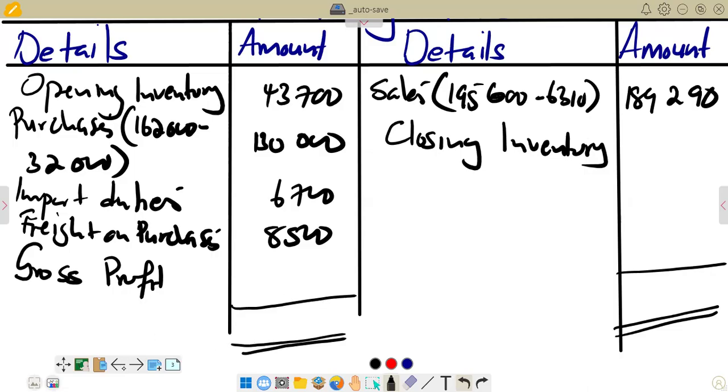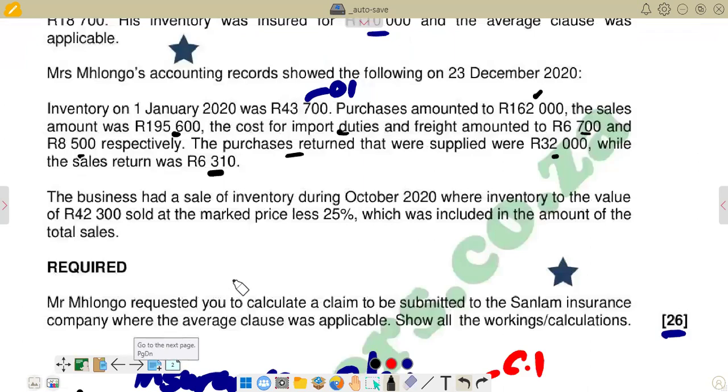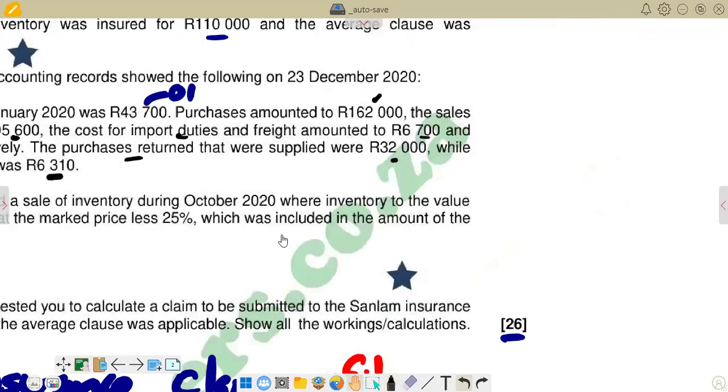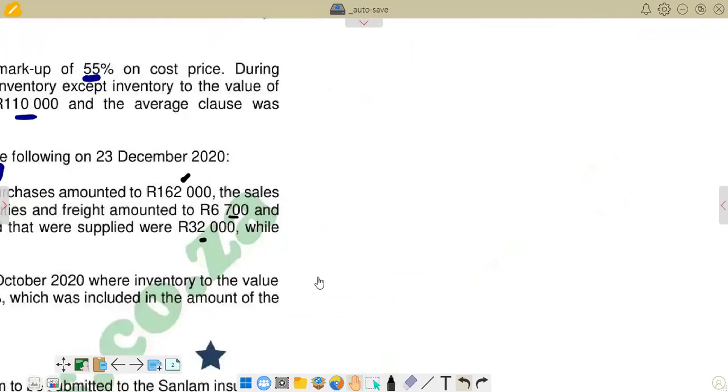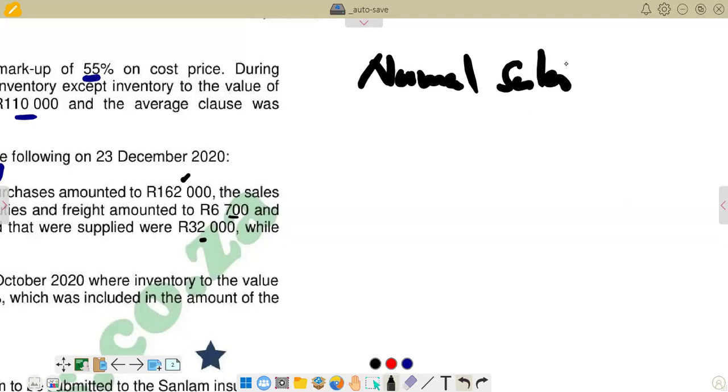So we can go back there and try to find that gross profit figure. To find it, first we have to calculate our normal sales. So firstly, we calculate our normal sales figure. To find it, we are going to say the total sales that we are given.